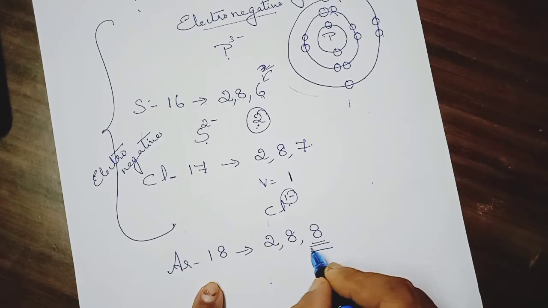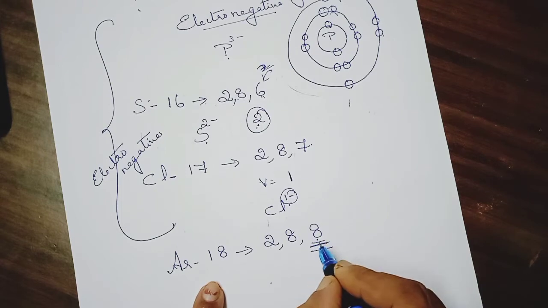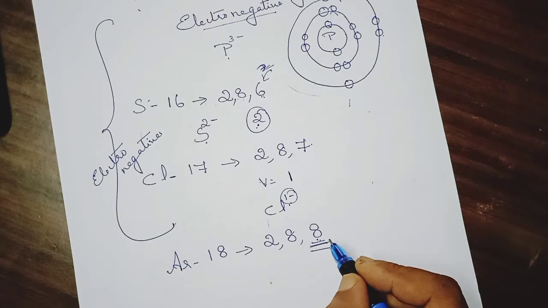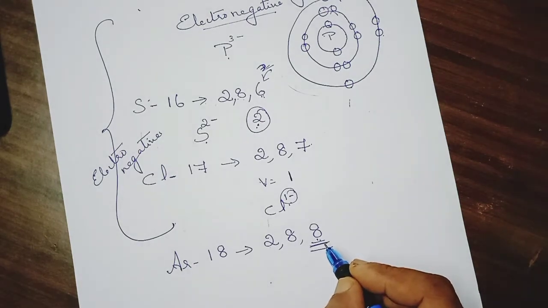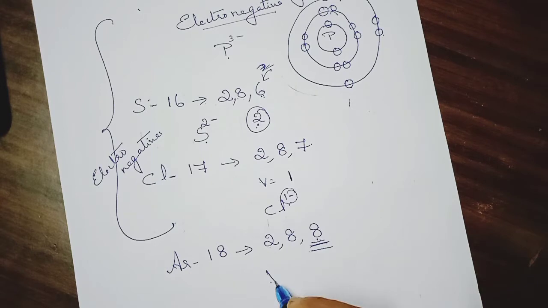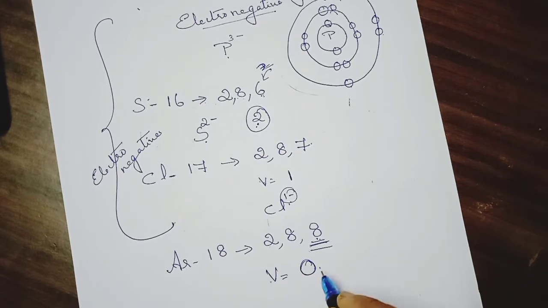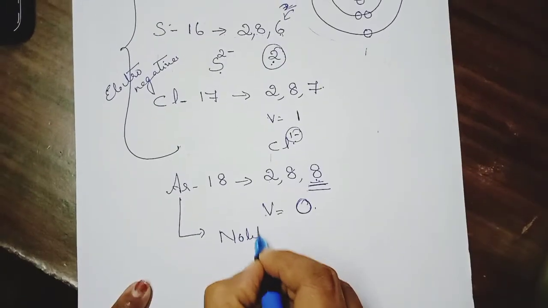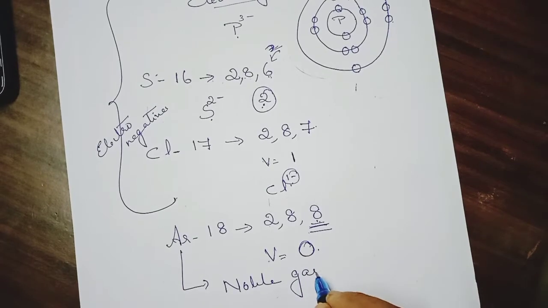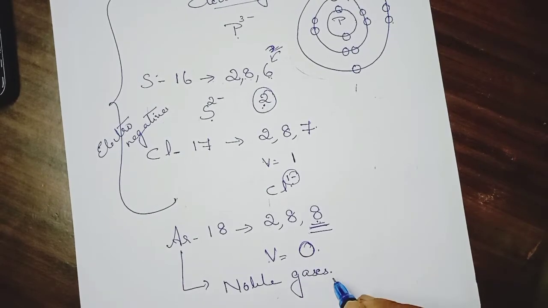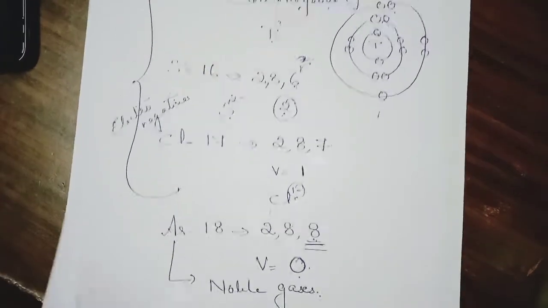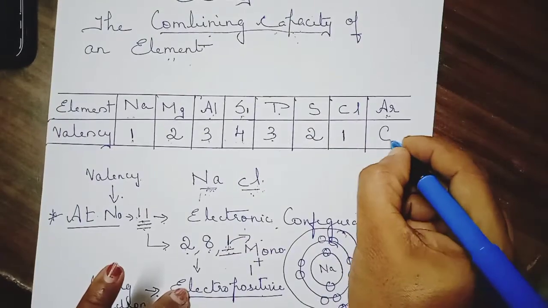Since the last shell already has 8 electrons, that means it has attained its octet. So it doesn't need to lose electrons or gain electrons. So the valency will be 0. It is a zero valent element. If you see all the noble gases, the valency will be 0.